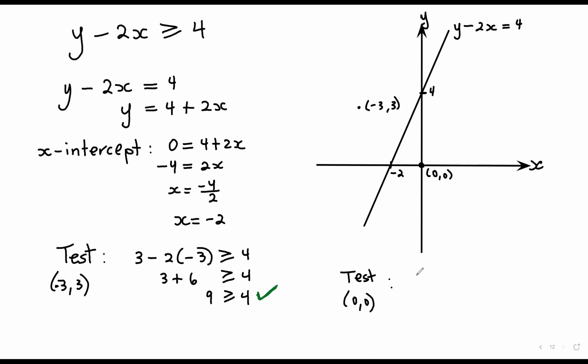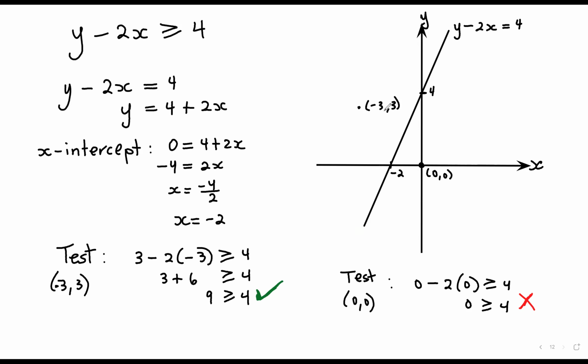So 0 minus 2 times 0 is greater than or equal to 4? No, it's not, because 0 take away 0 is 0, and 0 is not greater than or equal to 4. So that means this point is not in the region that satisfies the inequality. The point that is in the region that satisfies the inequality is negative 3, 3.